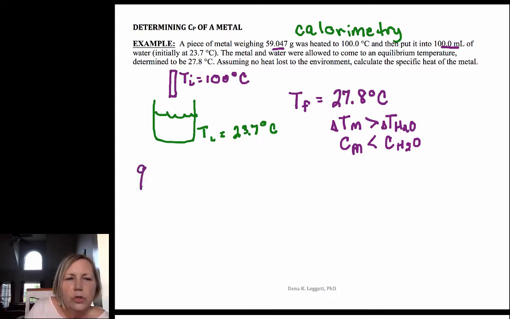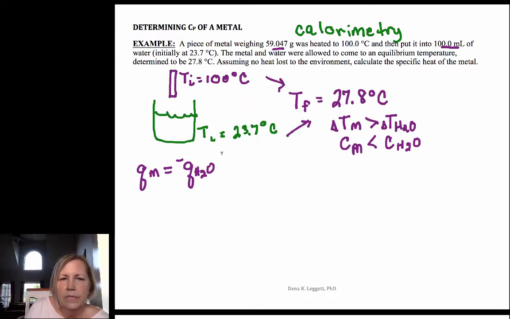Now, Q of my metal is going to be equal in magnitude, opposite in sign of Q of my water, right? My metal lost heat, my water gained heat. But it would be equal in magnitude, opposite in sign. So my first step will be to solve for Q for my water. So that's going to be my mass of water.